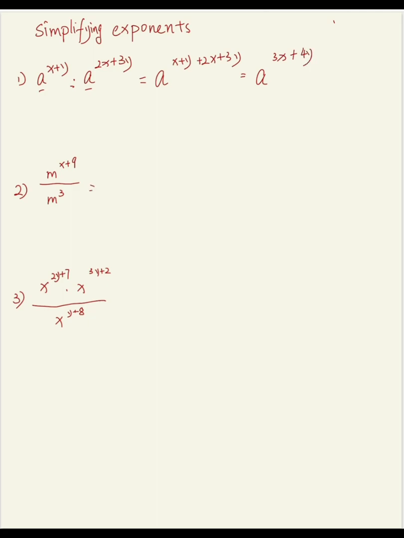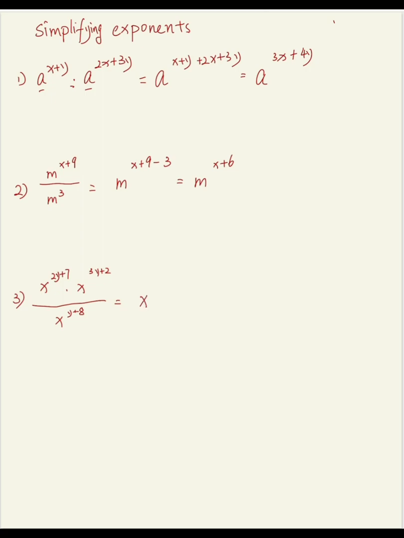For the next one, this is division, so we subtract. So x plus 9 subtract 3 equals x plus 6. And for number 3, we have multiplication and division together. The multiplication is plus, and the division is subtract.